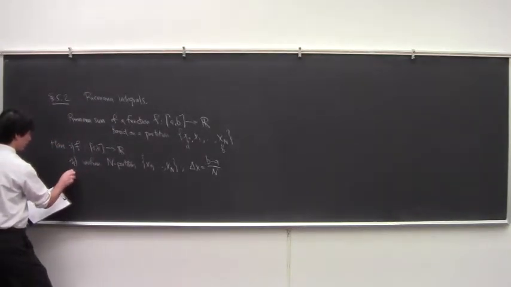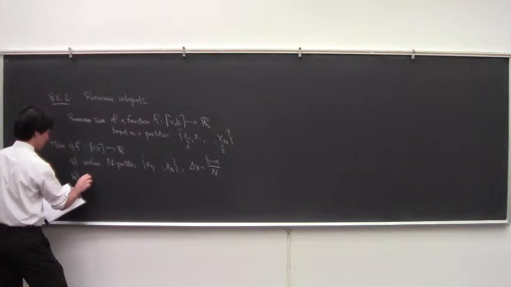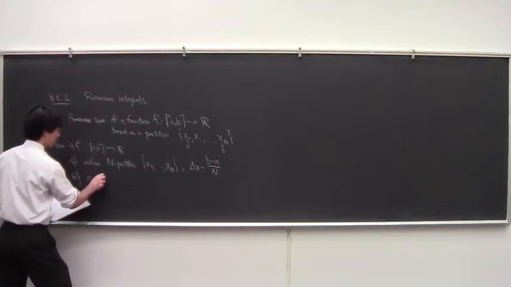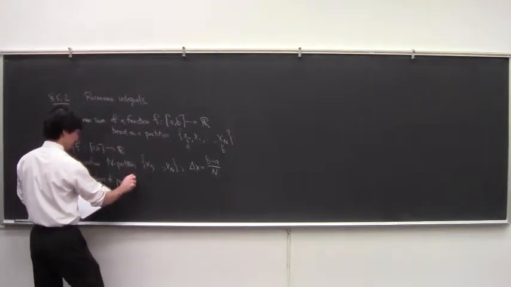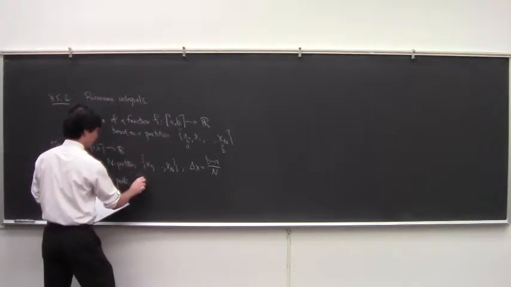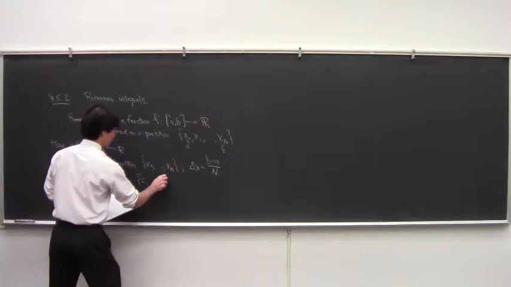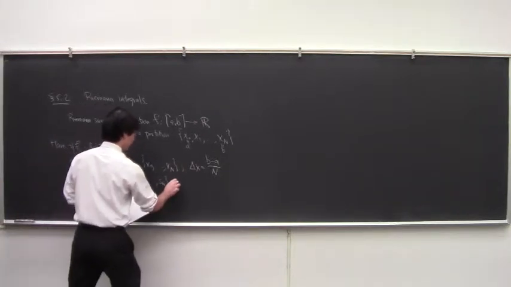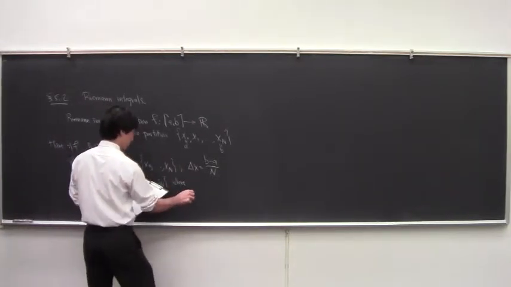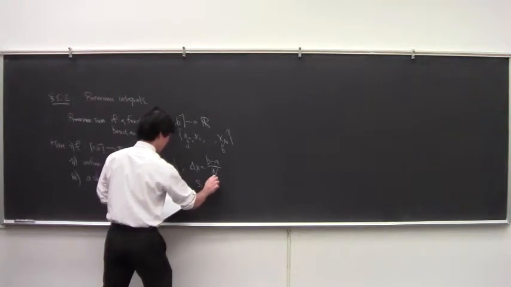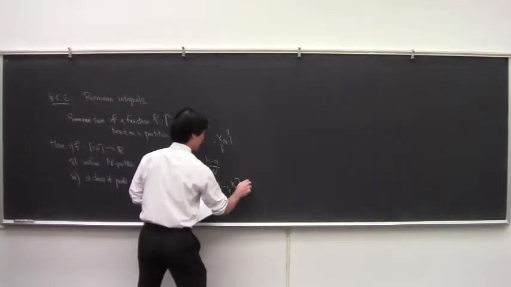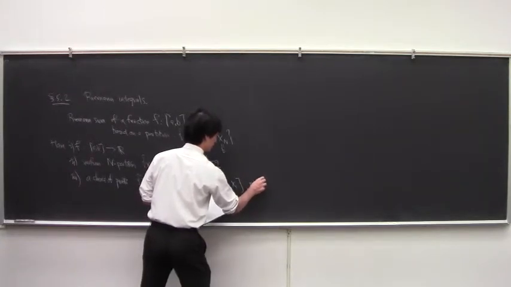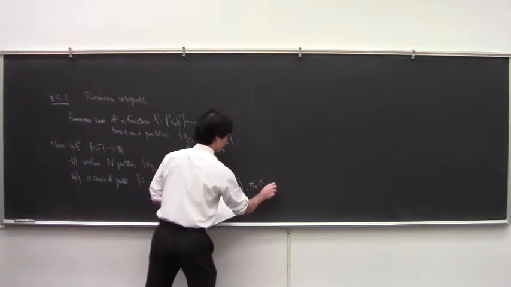Okay. And the third thing you have is a choice of points, s1 to sn, where si lies in [x(i-1), xi], the ith interval.